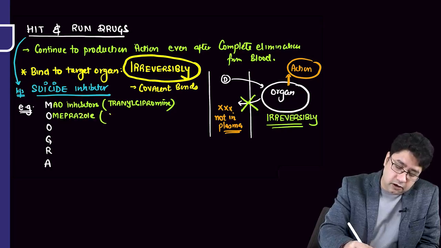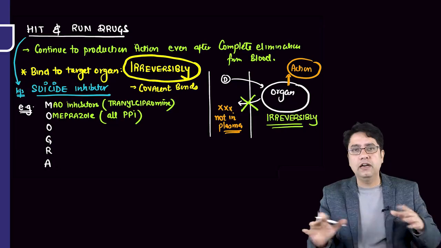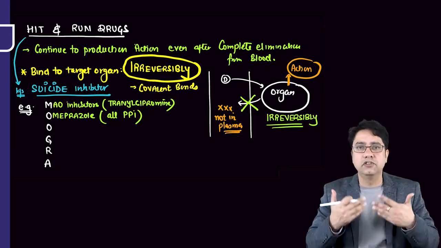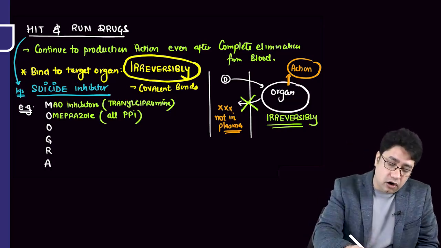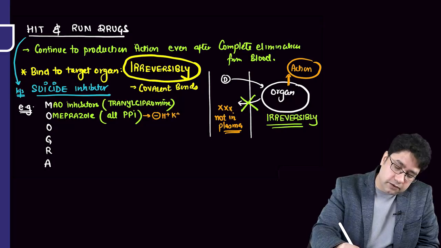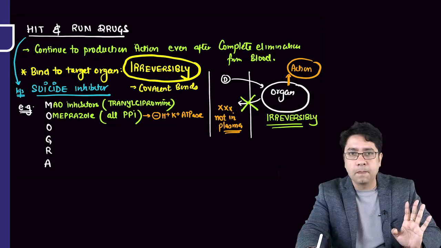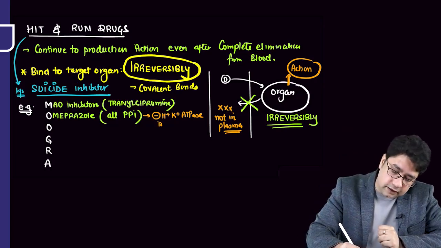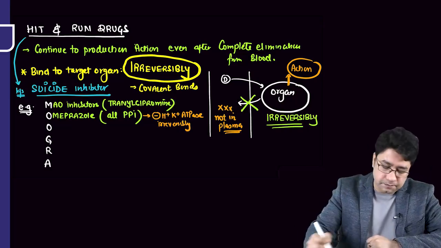Proton pump inhibitor. So all PPIs, that is proton pump inhibitors, all types, omeprazole, pantoprazole, rabeprazole, they are irreversible inhibitors of one transporter in the stomach, that is hydrogen potassium ATPase, H plus K plus ATPase. H plus in chemistry is also known as proton, and they inhibit this transporter irreversibly and reduce acid production.